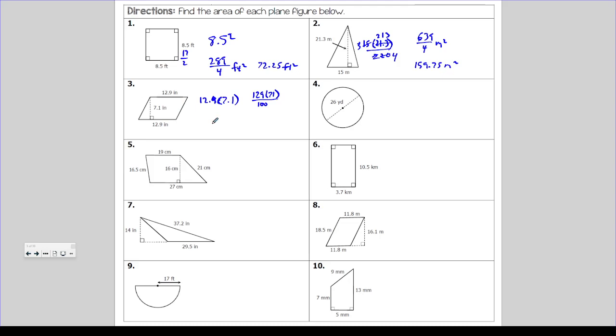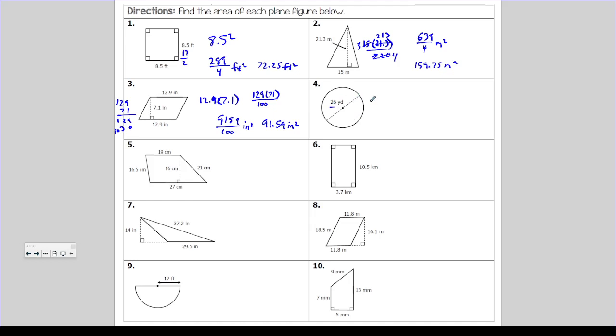That'll be easy to turn back into a decimal if we need to. So 129 times 71 is 9159. So 9159 over 100 square inches, or as a decimal, that would be 91.59 square inches.